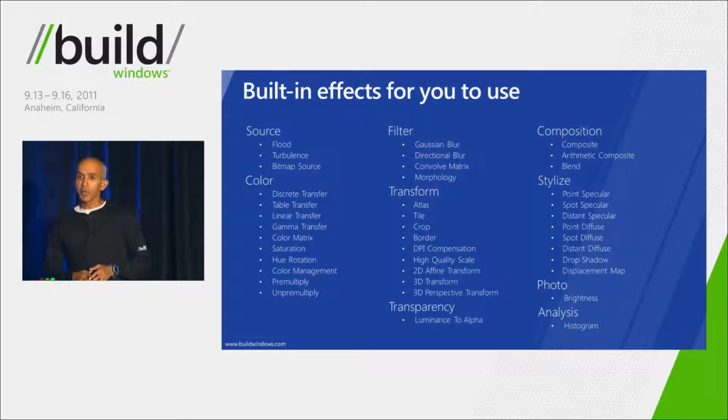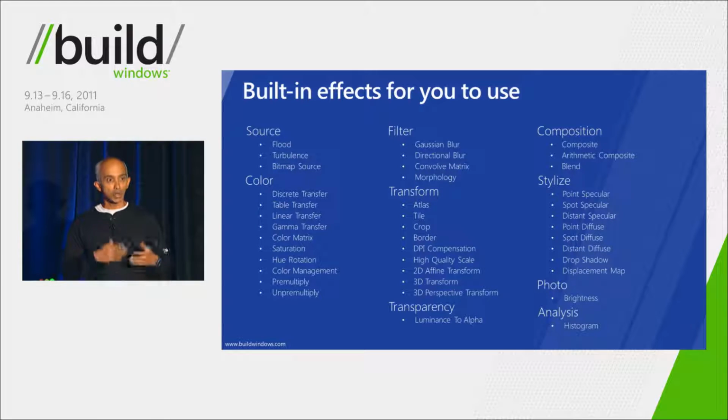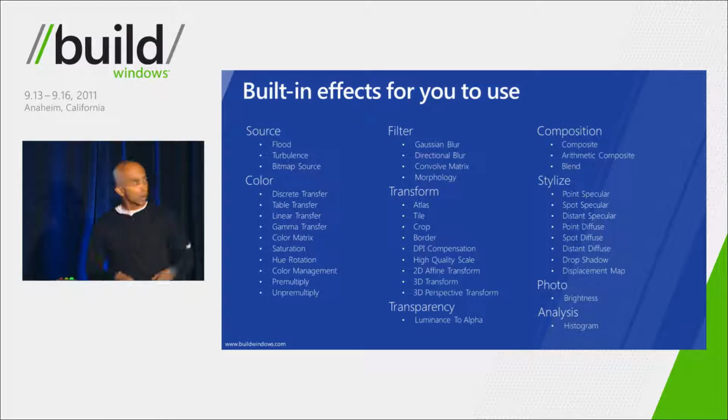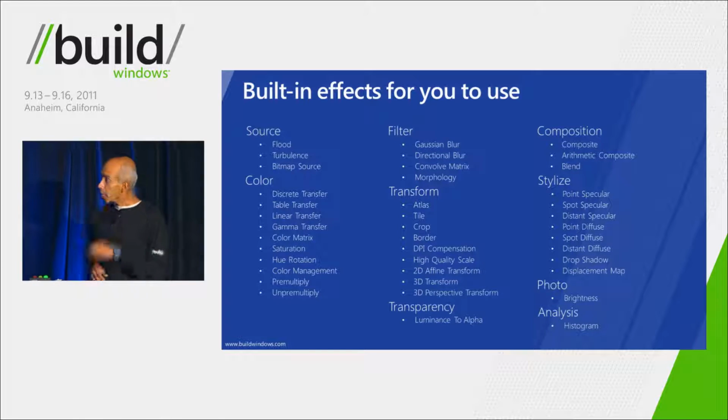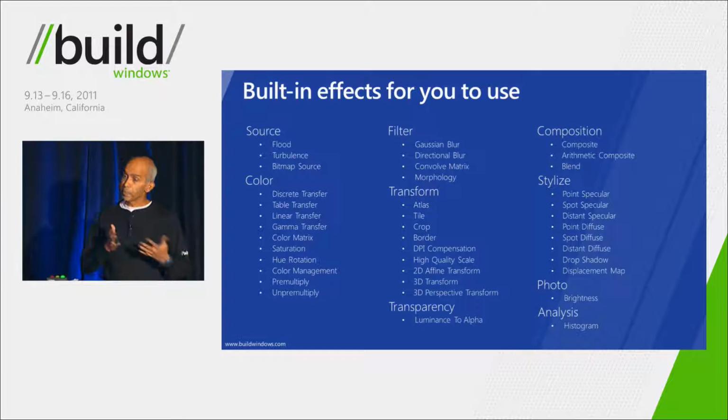No effect system would be complete without composition and blending. We have the full set of Porter-Duff blend modes, as well as many of the blend effects that you use through Photoshop. There are a number of lighting effects that you saw in the various demos. And then finally, the histogram effect demonstrates the use of Direct Compute.